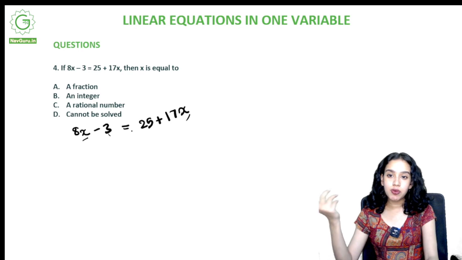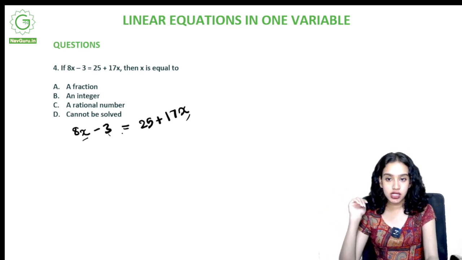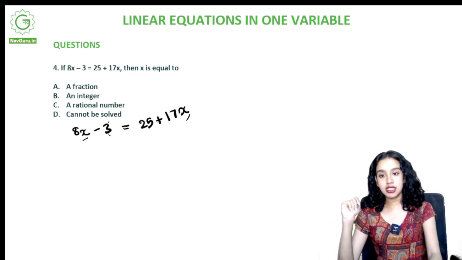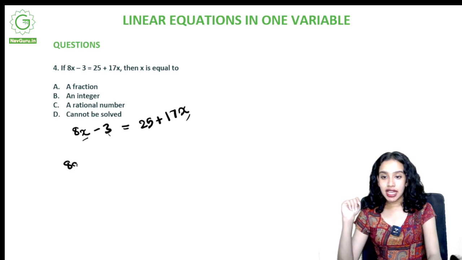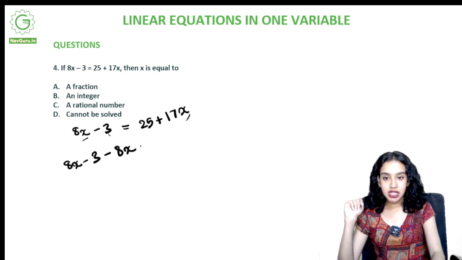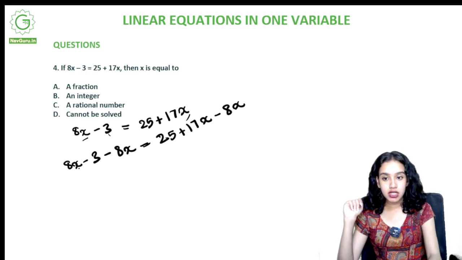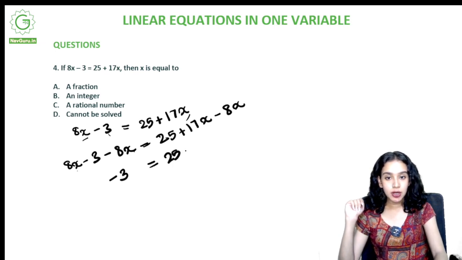We are using the properties of linear equations in one variable here. That is, I am subtracting 8x from both of the sides. That means this becomes minus 8x, right? 17x minus 8x. So what does it become? 8x minus 8x is 0.